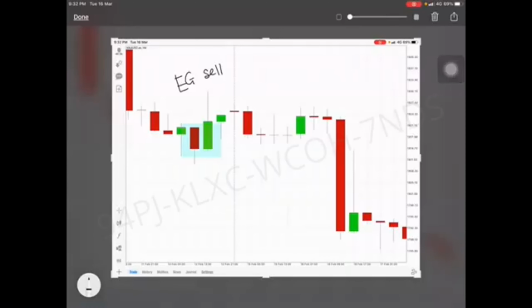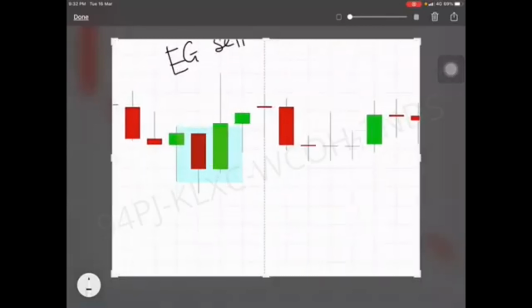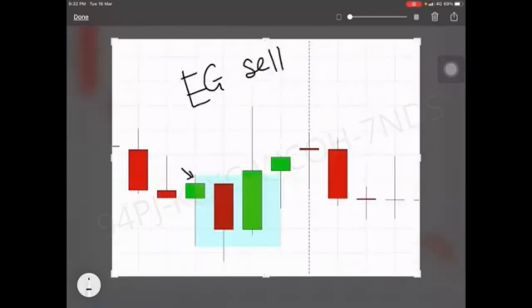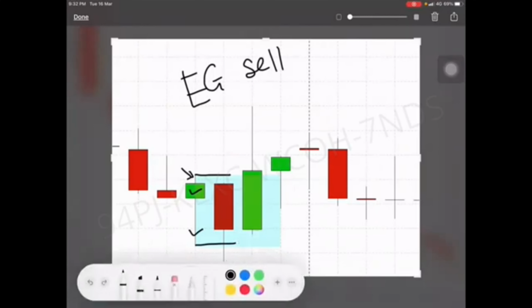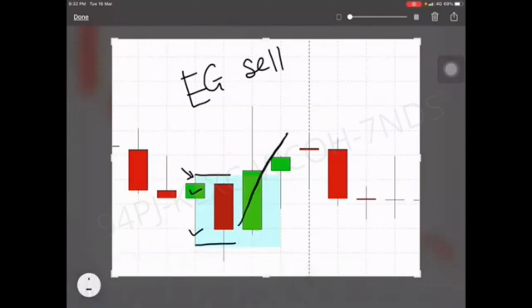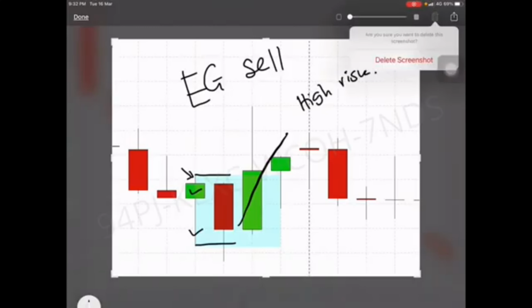But if you look closely, the upper shadow has not been consumed. The lower shadow has been consumed, the body has been consumed, but not the upper shadow. So do you see what happens? The price did not go down, and the price goes upward. So this is a high risk. Is it clear?